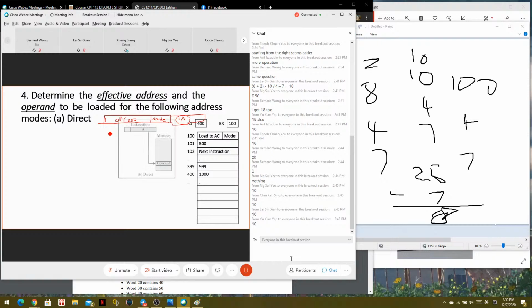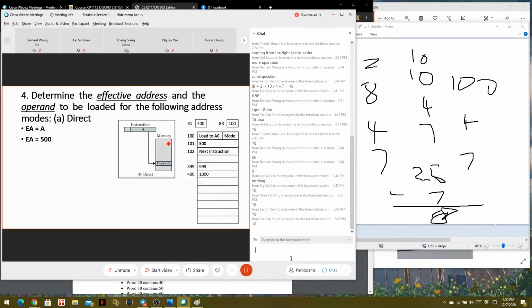So now we've got direct. Let me clean this. Direct addressing, of course, we know that this is like A, and then the operand. So usually EA equals A. So for direct, the effective address is 500.